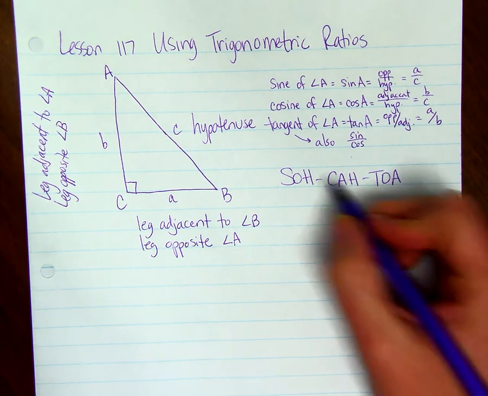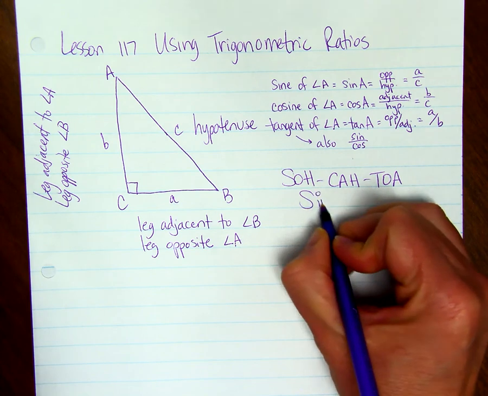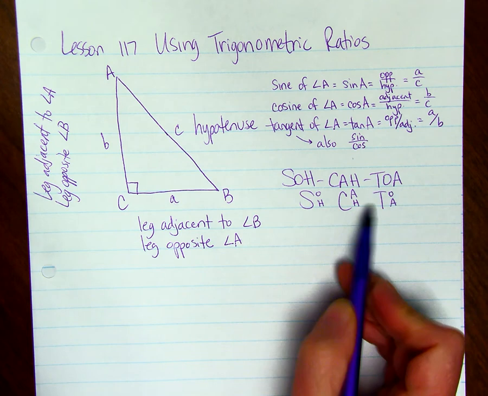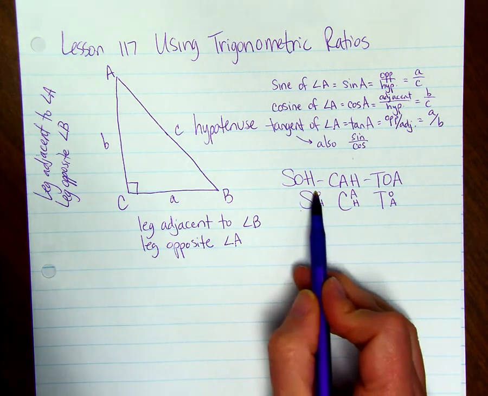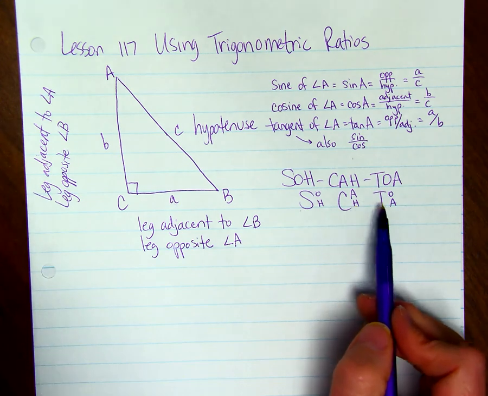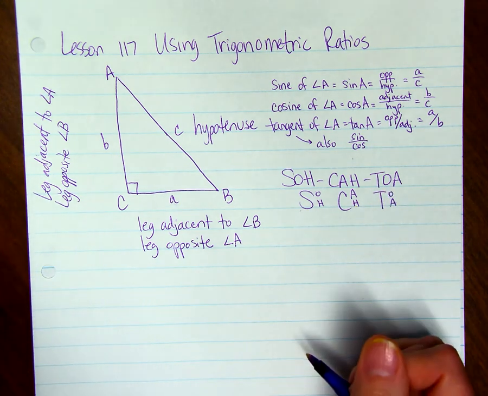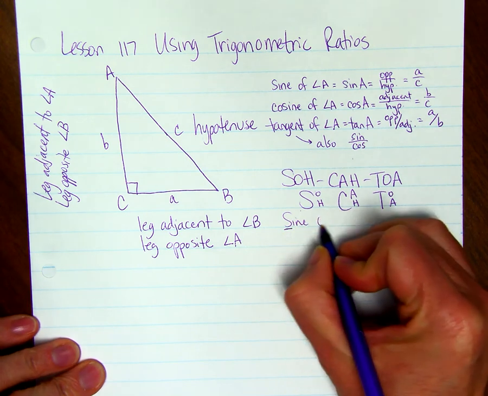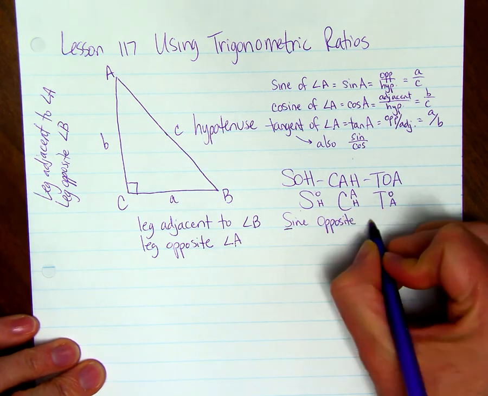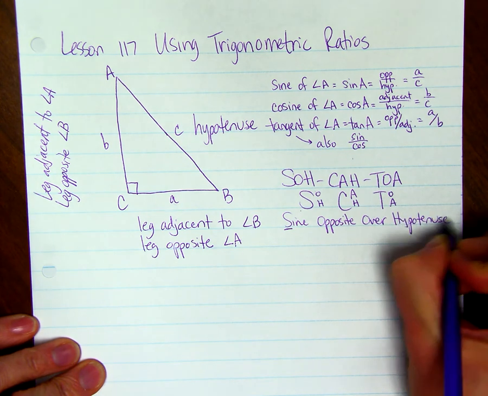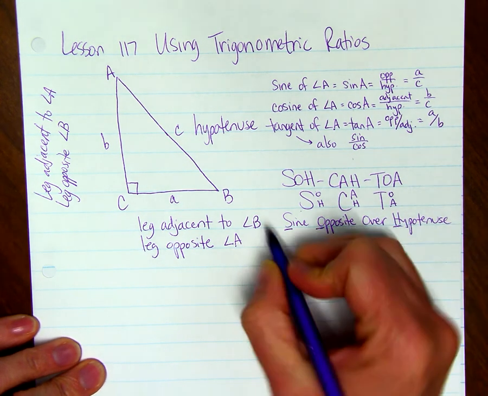That's one way. I've also seen it written another way. So this reminds us that the sine is opposite over hypotenuse, the cosine is adjacent over hypotenuse, and the tangent is opposite over adjacent. So the sine is opposite over hypotenuse, that's the SOH.